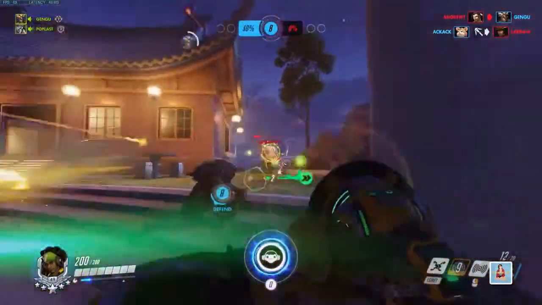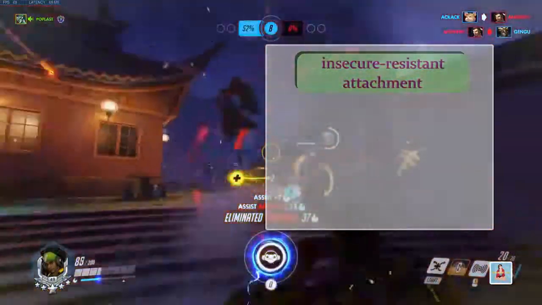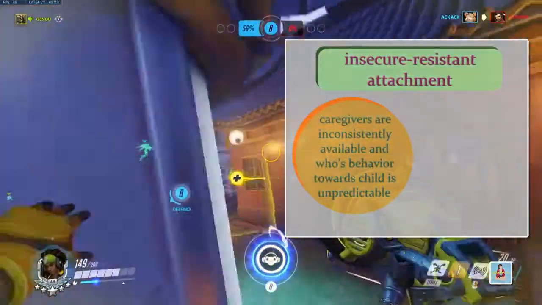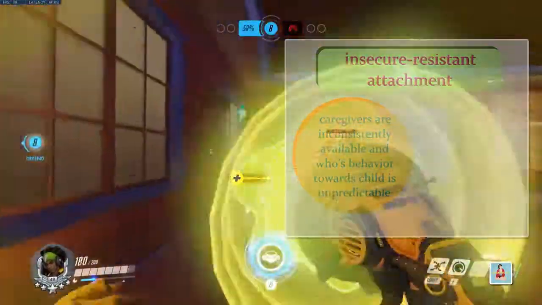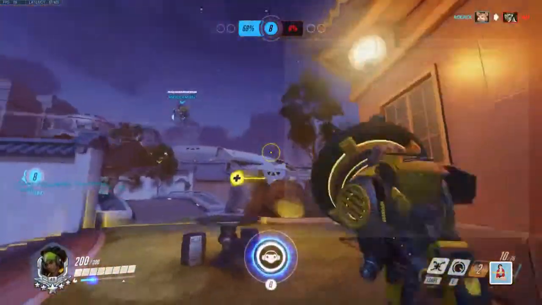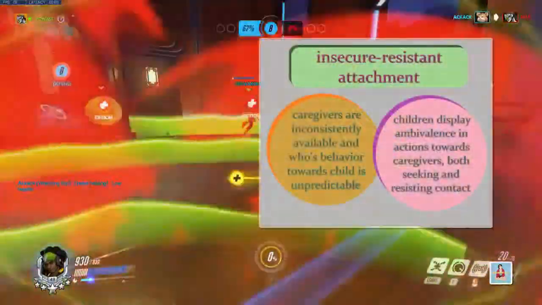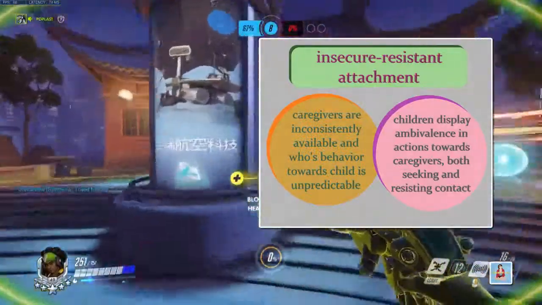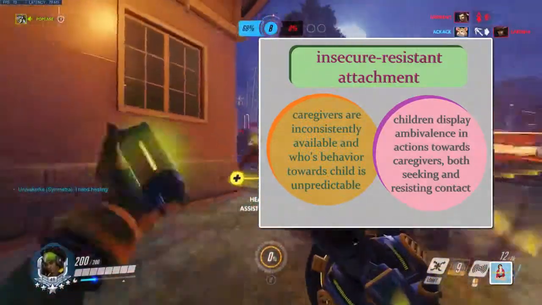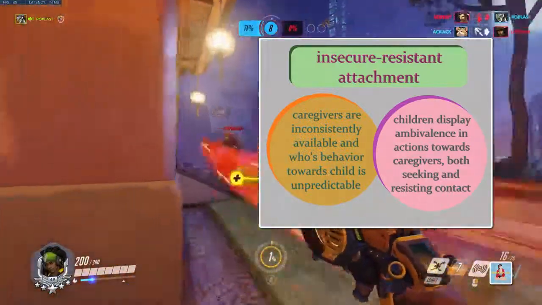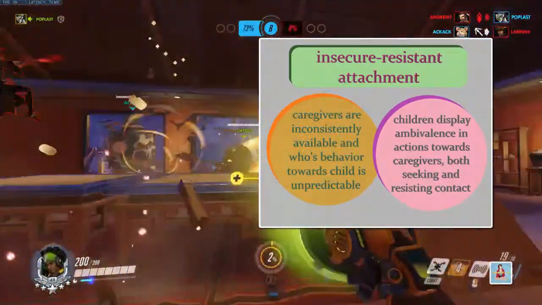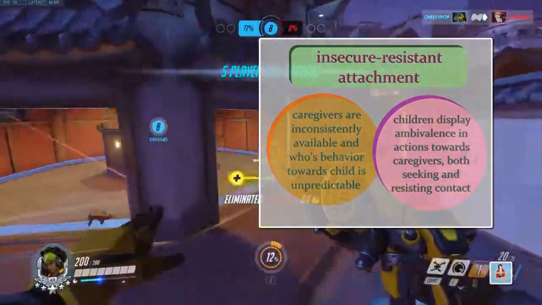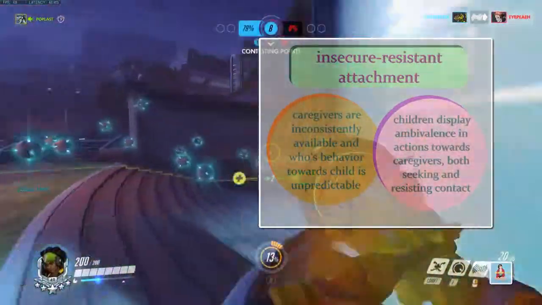Next is insecure resistant attachment. That's where caregivers are inconsistently available and whose behavior towards child is unpredictable. And with that, children display ambivalence in actions towards caregivers, both seeking and resisting contact. So this one looks like it's not pure neglect like the first one is, but it is unpredictability with how parents will react.